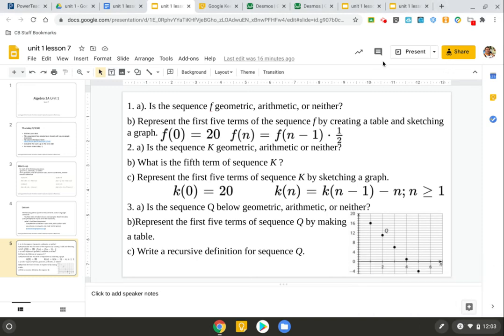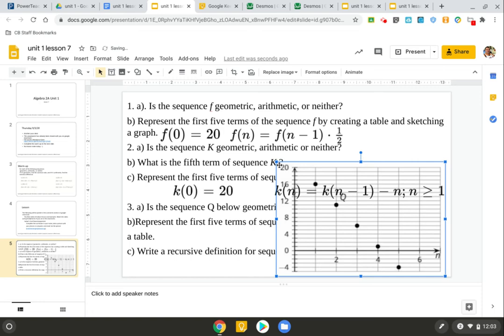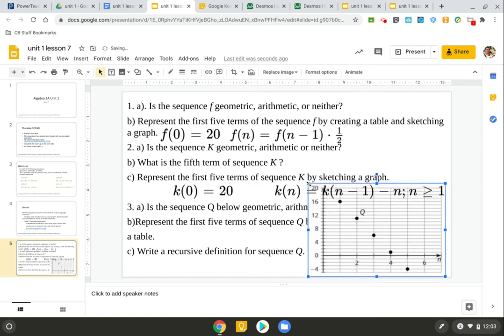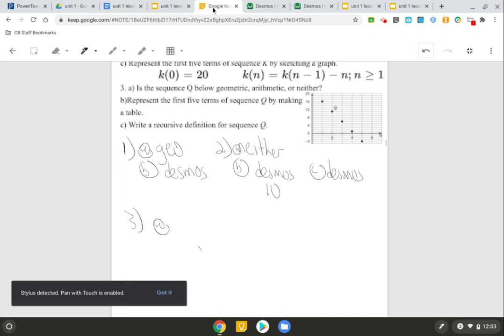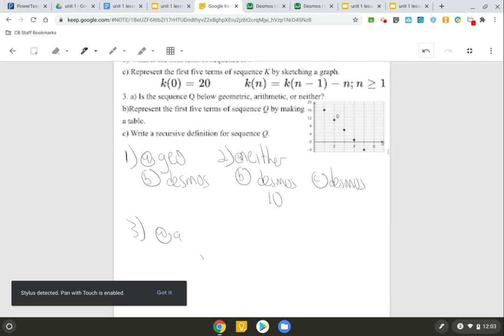If I make this a little bigger, we can see this graph is clearly linear in nature. If it's linear in nature, that means it's an arithmetic sequence. So sequence Q is arithmetic.